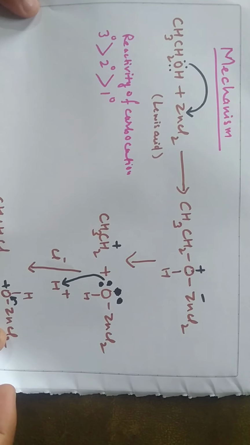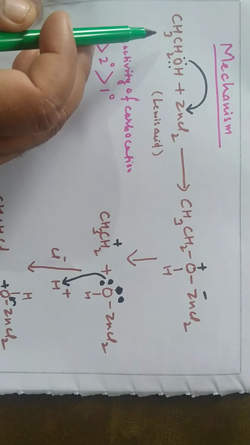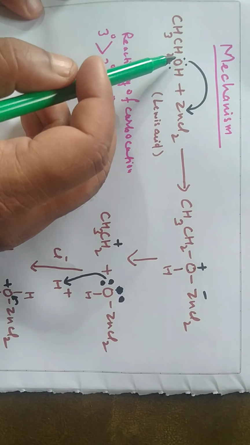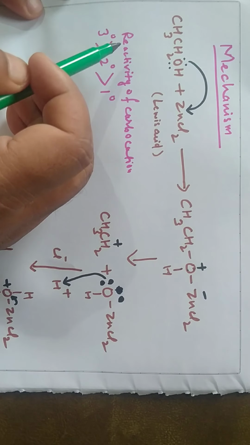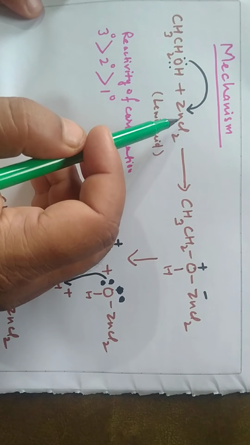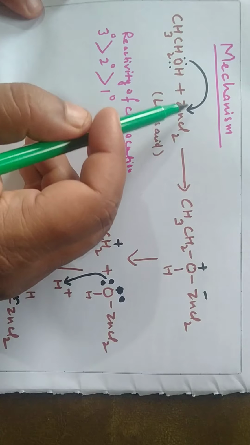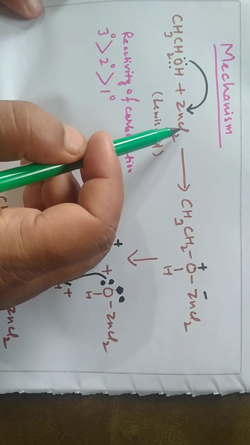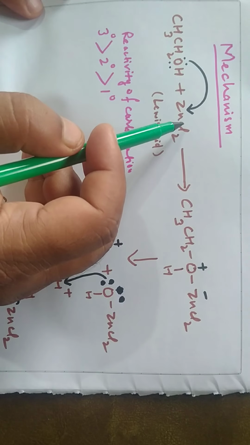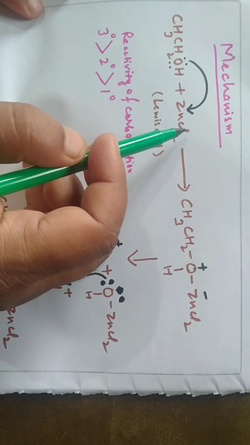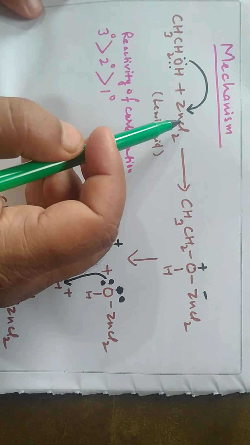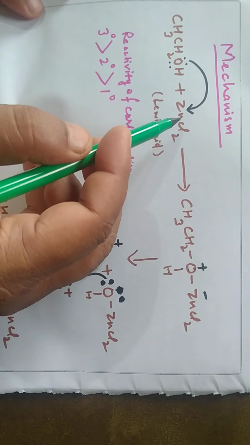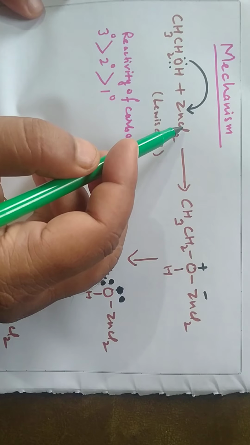Here we have the mechanism. We have ethanol, and you know that in ethanol the oxygen atom contains 2 lone pairs of electrons. In the reaction, first comes zinc chloride, anhydrous zinc chloride, and you know that anhydrous zinc chloride is electron deficient since its d orbital is vacant, and its octet is not complete.